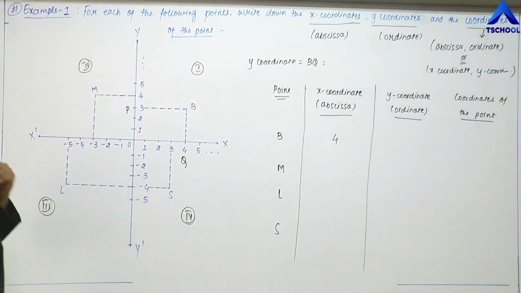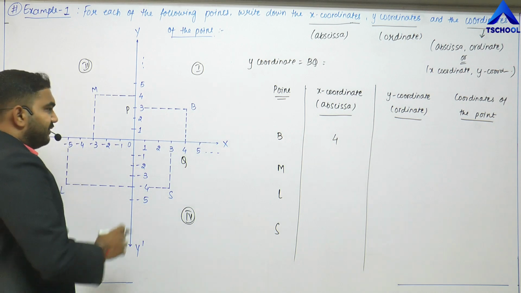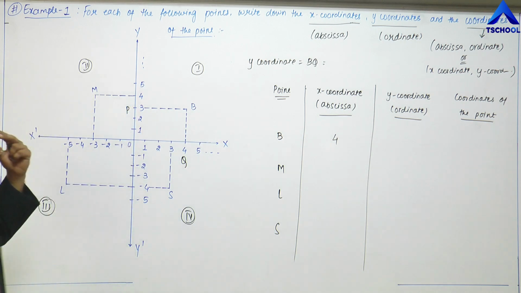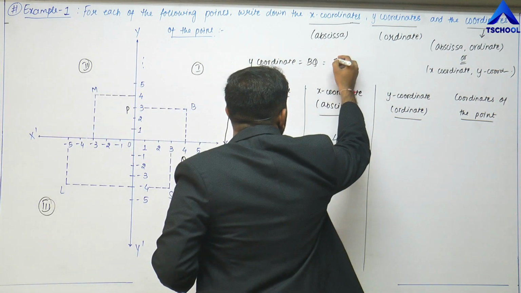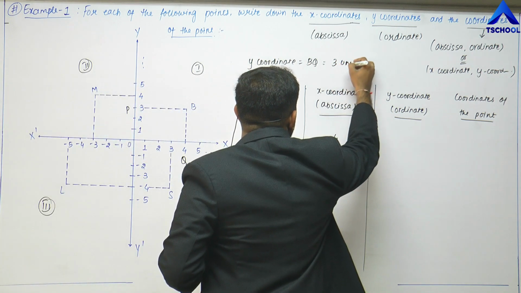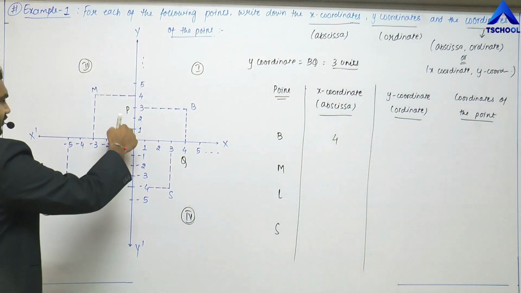So the y coordinate is the perpendicular distance of the point from the x-axis measured along the y-axis. If we measure this BQ along the y-axis, we get OP, which is equal to 3 units, because it ranges from 1, 2 and 3.